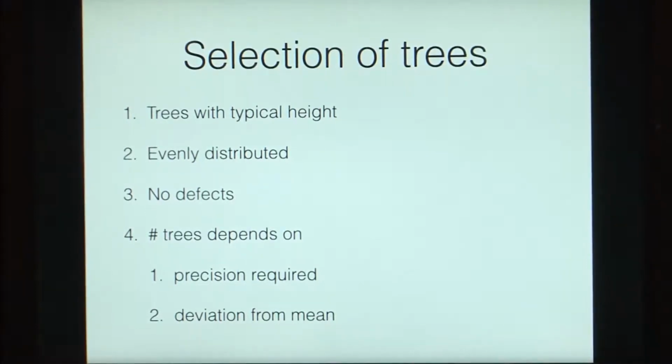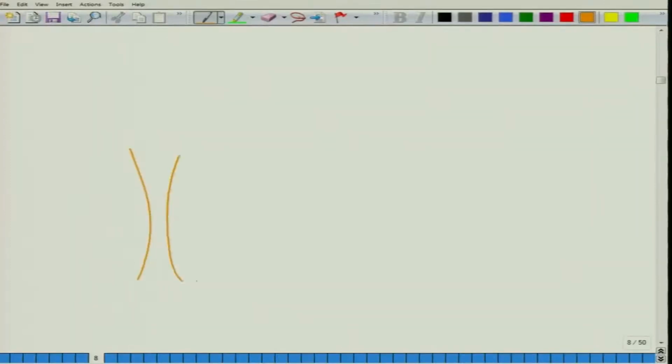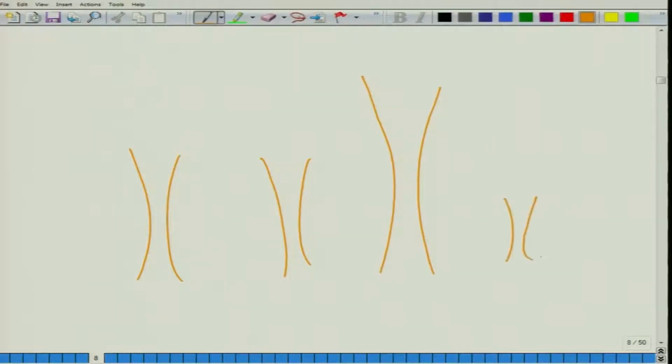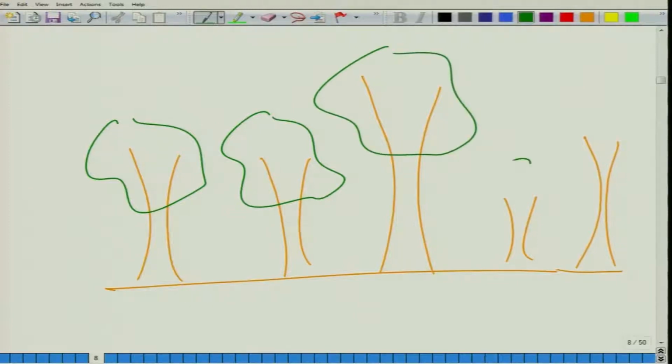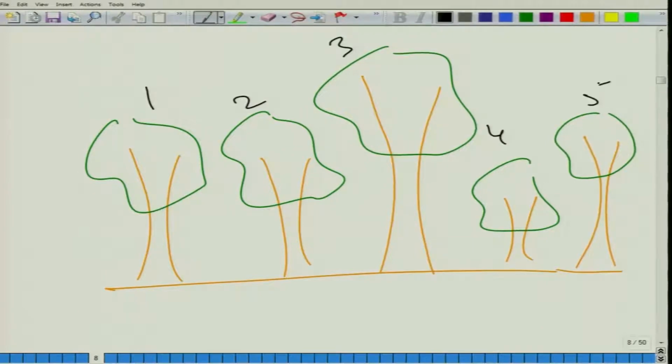For instance, if in your forest you have these trees of the same species in the same forest, what is the typical height? If we number them 1, 2, 3, 4 and 5, so we have 5 trees here.